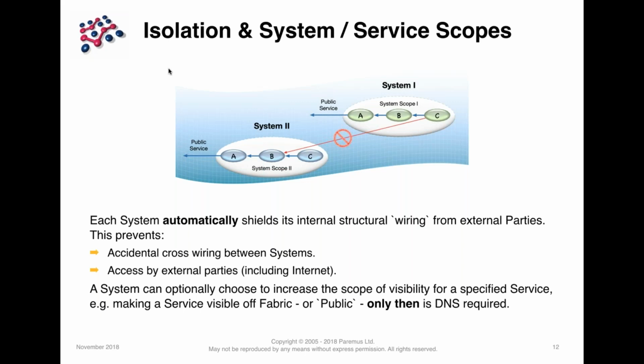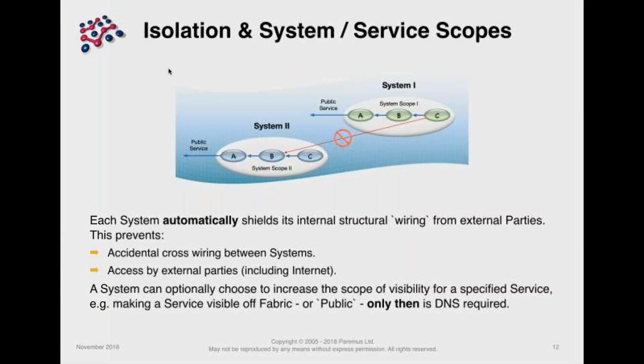Automatically, the internal services within each system are isolated and are not visible outside that system boundary. This is good from the point of view of obviously ensuring no cross-wiring, but it also means that external parties can't see the internal functions of each business system. Only when you choose to loosen the scoping can you then export one or more services from a system. So you have to explicitly choose to do that.